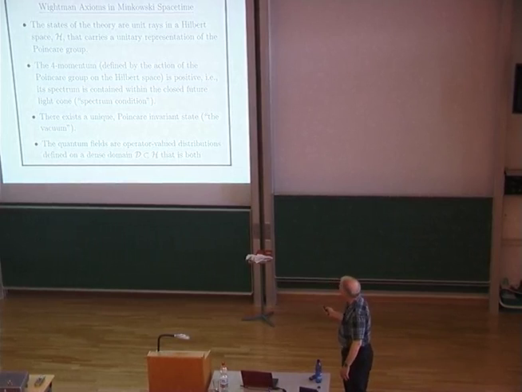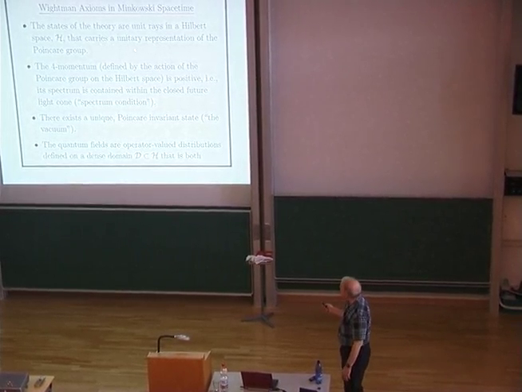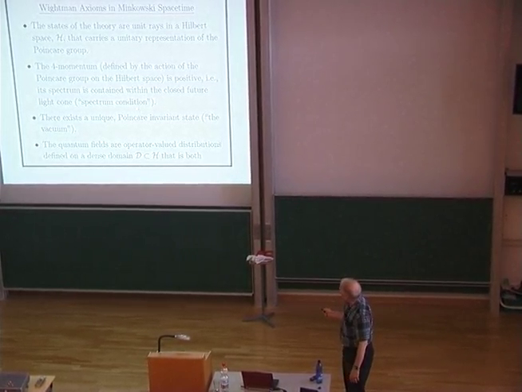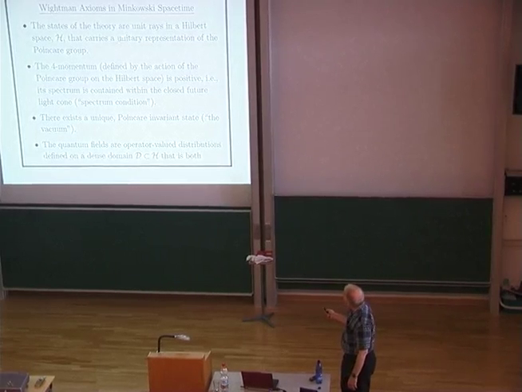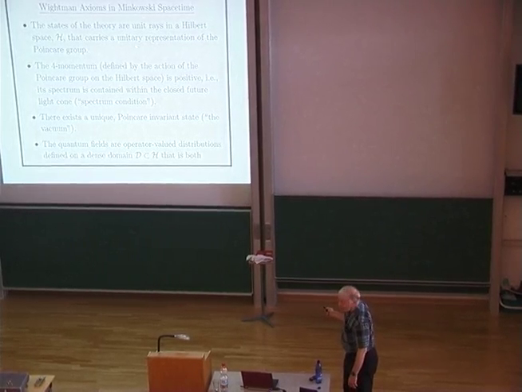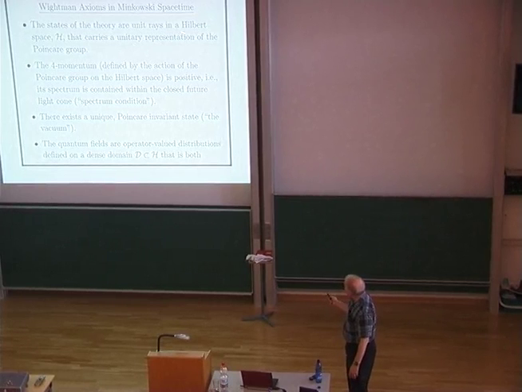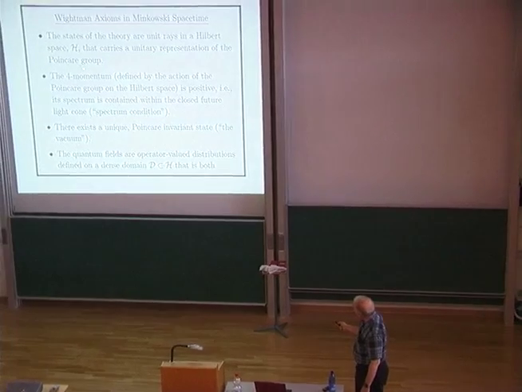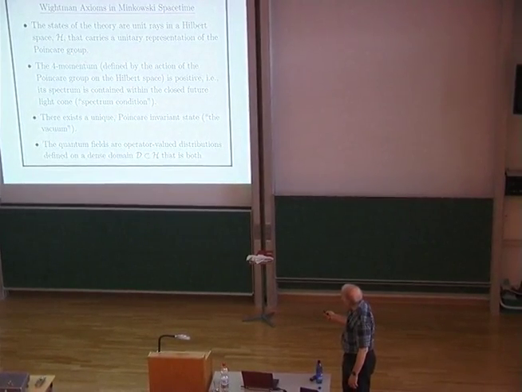So I've listed here, just copied straight out of Streater and Wightman, the Wightman axioms, which you can probably read for yourself, but it starts out with states as rays in a Hilbert space, and that Hilbert space carries a representation of the Poincare group.